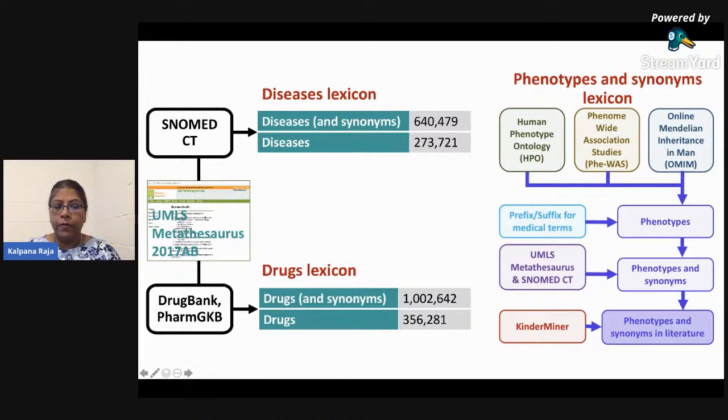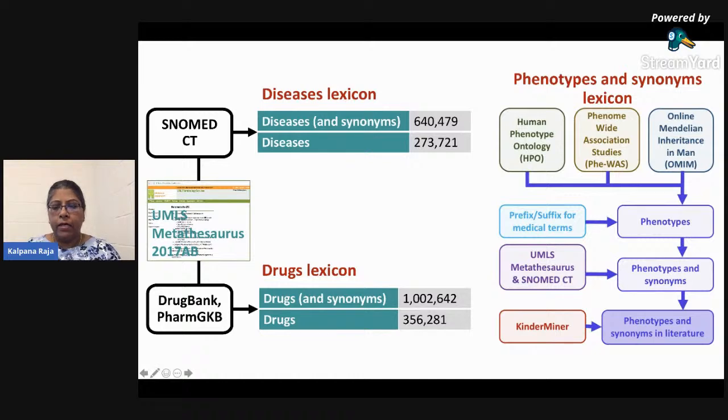So it's a very comprehensive list. In addition, I compiled the phenotypes and symptoms lexicon from 3 available resources: Human Phenotype Ontology, PHEOS, and OMIM. Once I combined all the information from the 3 resources, I introduced an approach to remove the prefix and suffix related to the medical terms.